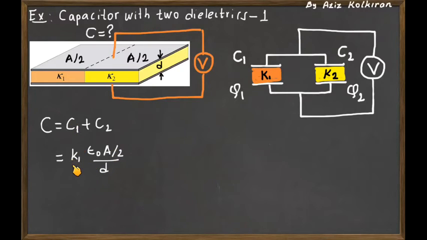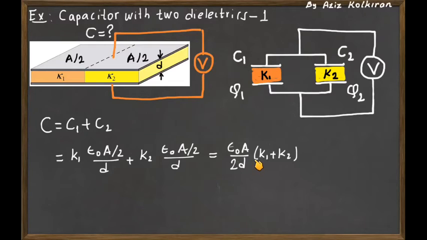C1 is just K1 times epsilon zero times A divided by 2, divided by D, and similarly the other one has a similar expression, K2 epsilon zero times half of A, divided by D. So the explicit expression for the equivalent capacitance is nothing but epsilon zero A divided by 2D, times, in parentheses, the sum of the dielectric constants.